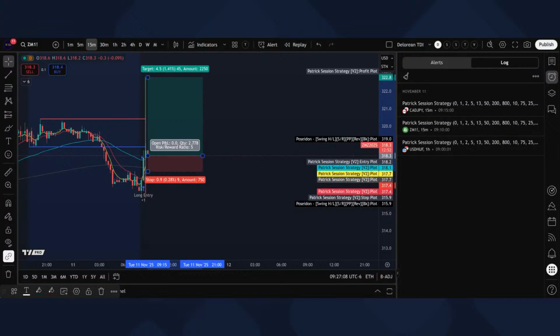Risk is 5. We've got entry at 318.3. We've got stop at 317.4. And we've got take profit at 322.8.